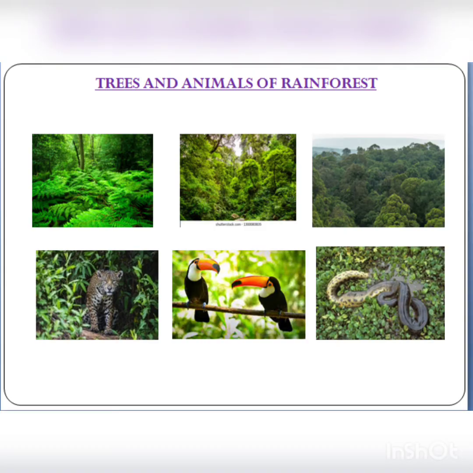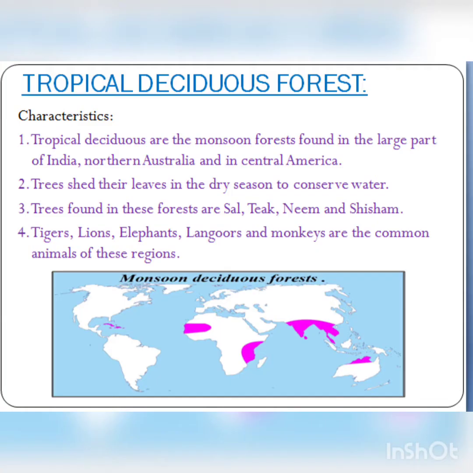From these photographs you can observe the trees and animals found in the rainforest. Some of the notable trees you have already learned, that is rosewood and mahogany, and some of the animals that live in the rainforest are the jaguar, the anaconda, the toucans, etc.